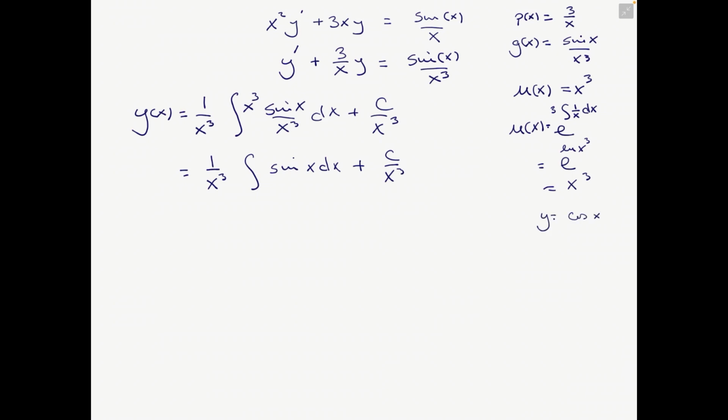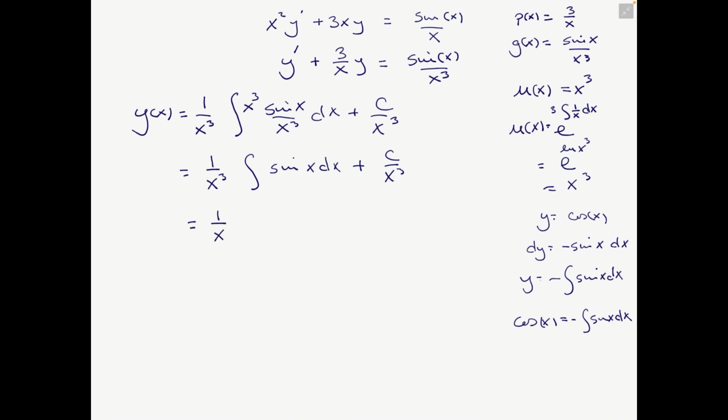u equals cos of x, du equals minus sine x dx, and that's cosine of x equals minus sine x dx.